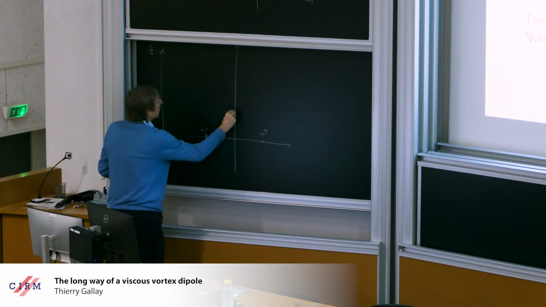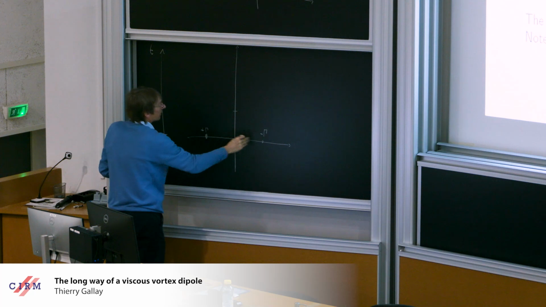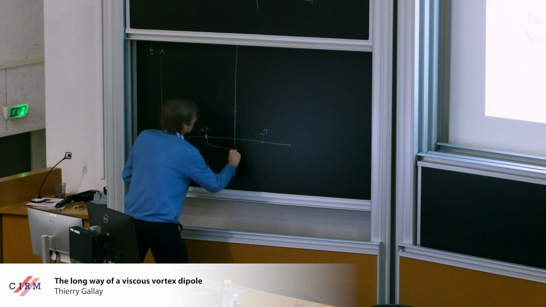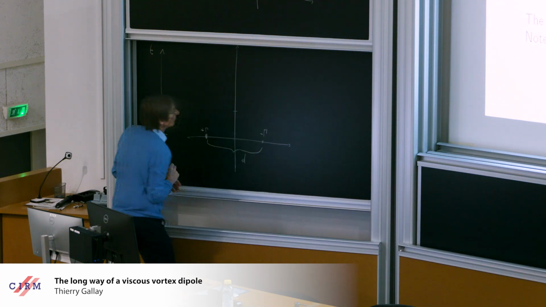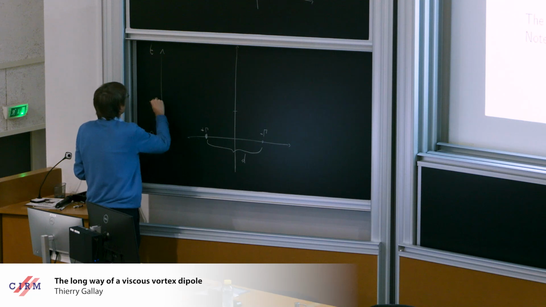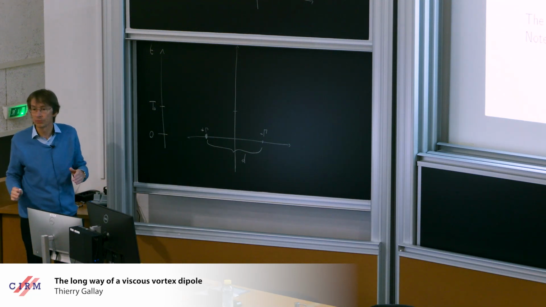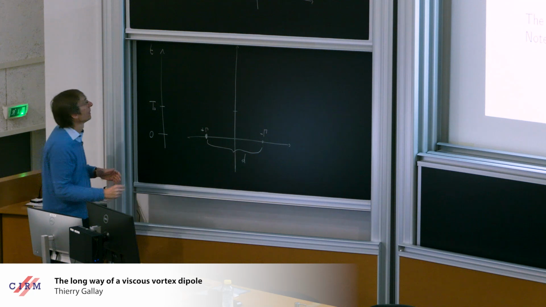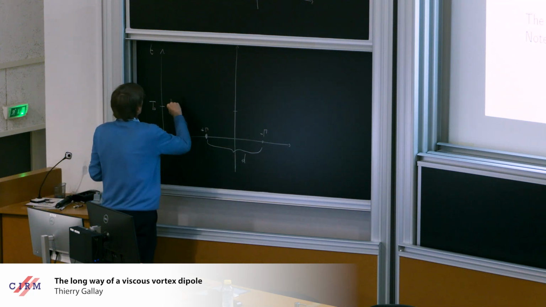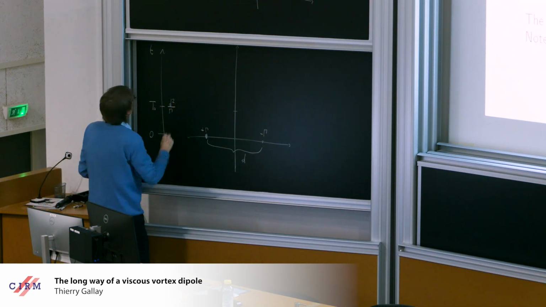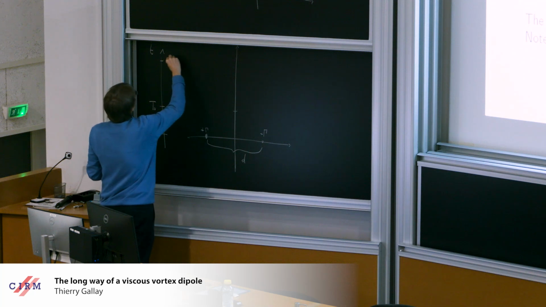Now, when you are here, you have traveled a distance which is comparable to the distance between the vortices. This is what I call the advection time, t0. This is the minimal time I want to reach, otherwise I don't see any motion. This was d square over gamma. Now I have another time here, which is d square over nu.